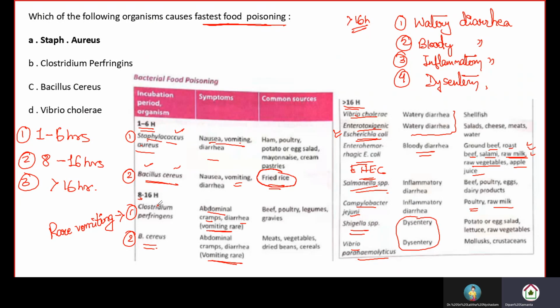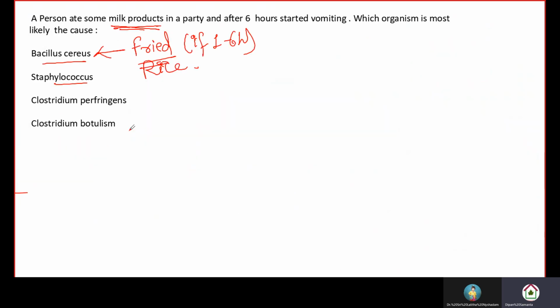But if it is 8 to 16 hours, then meats, vegetables, dried beans, cereals. As it is 1 to 6 hours, no need to think about the latter. Obviously not fried rice. So only milk products, like mayonnaise, cream, pastries, can be consumed. So Staphylococcus aureus would be the answer.